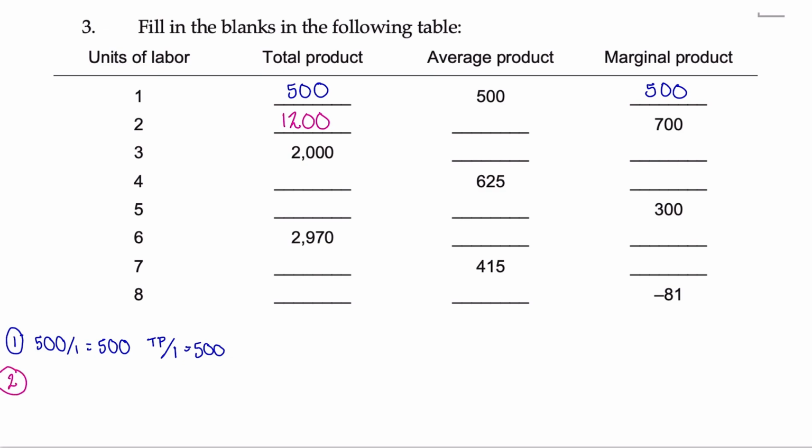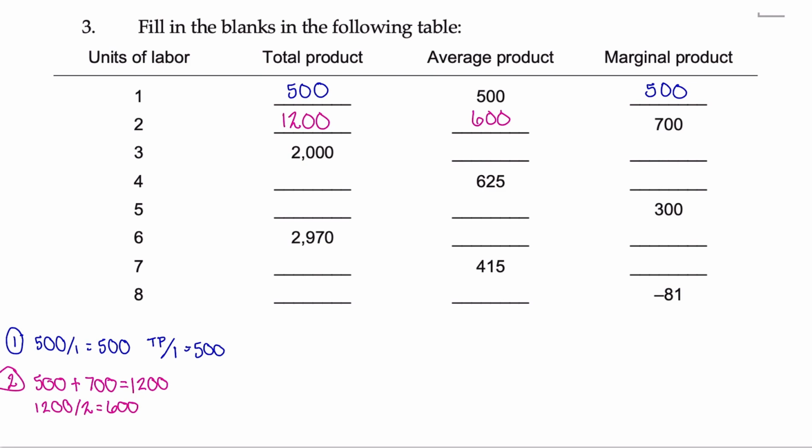And we know that because 500 plus 700 gives us our 1200, which means our average product is going to be 600, because 1200 divided by 2 is 600.